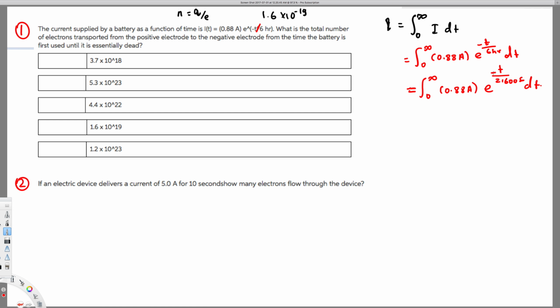Now all we have to do is the integration. Since everything except t is a constant, we can move the 0.88 ampere to the front.